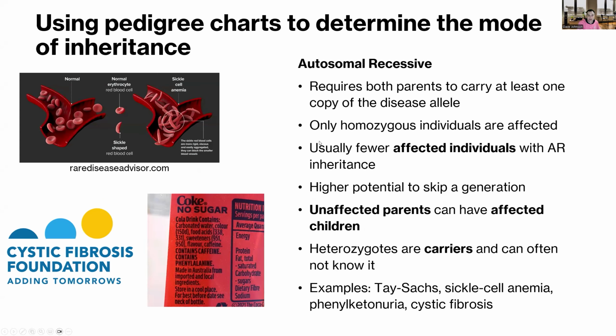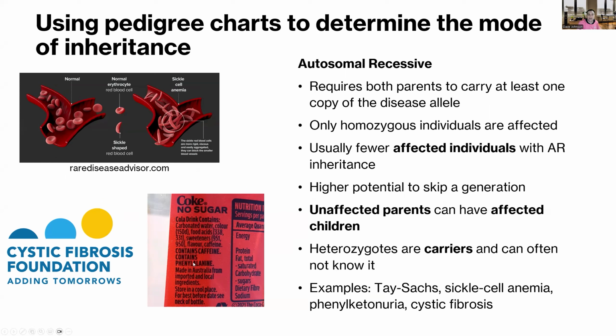Some examples of autosomal recessive diseases. Tay-Sachs, which is a lysosomal storage disorder that is universally fatal at a very, very young age. This is inherited in an autosomal recessive fashion. Sickle cell anemia is inherited in an autosomal recessive fashion. Phenylketonuria is a disease where people cannot process the amino acid phenylalanine, and they have to be very careful about how much of it they consume because it can make them ill.